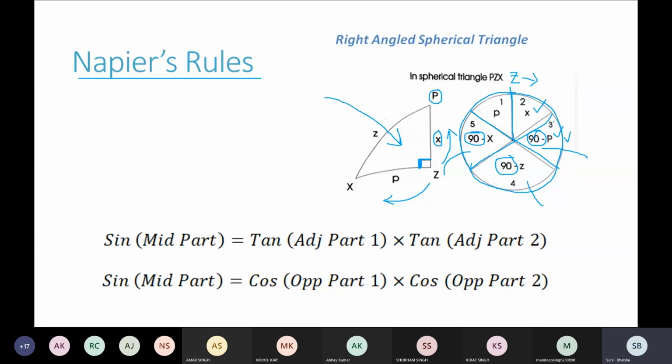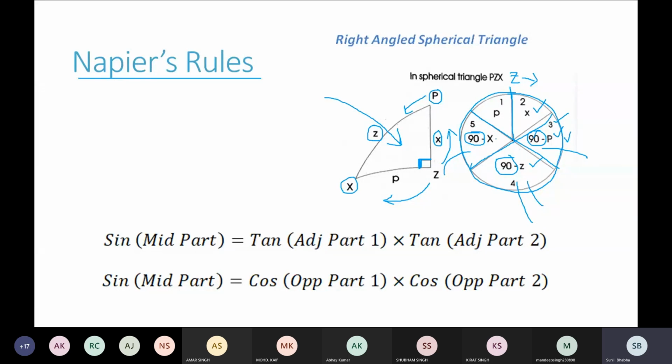So in number 3 part here, you see it is 90 minus P. Can you go further? The next part of the triangle which comes in is small z or side z. So you see in part number 4, it is 90 minus small z. And the next part is capital X or angle X.